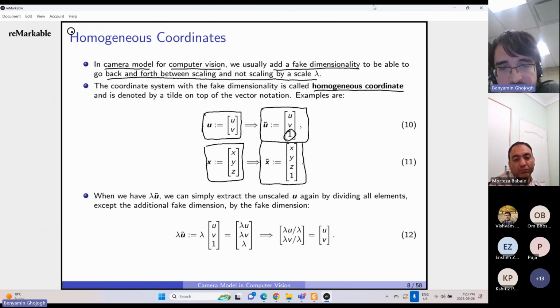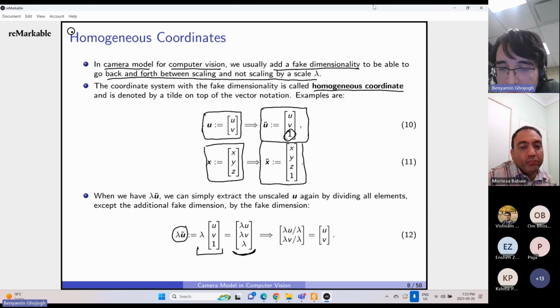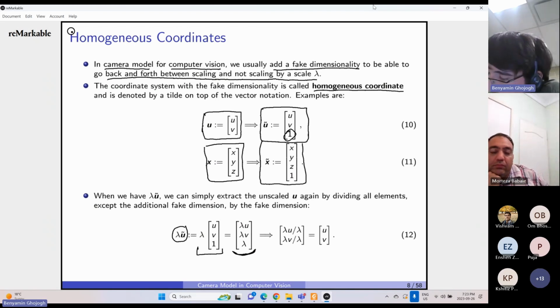For example, a use case is here in equation 12. Consider lambda u tilde, right? Then it becomes lambda times u, v, 1, which is equal to lambda u, lambda v, lambda. Agree? I can go back now. Using this lambda and this homogeneous coordinate, I can go back to my original Cartesian coordinate. How?